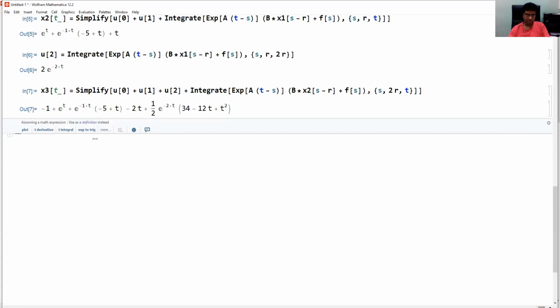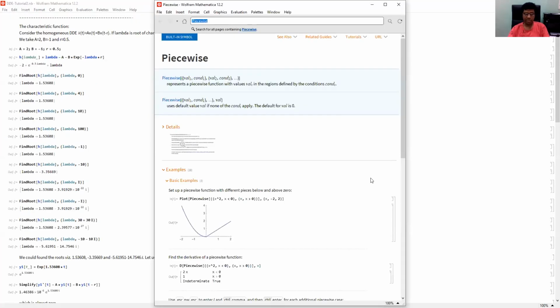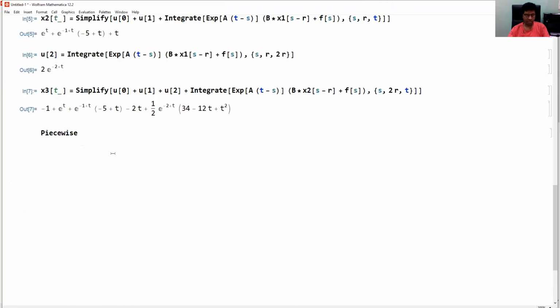The name of that function is Piecewise. Let us see the syntax. Actually, it is quite general, but for our purpose, we are writing like this: Piecewise. There will be a list within a list.